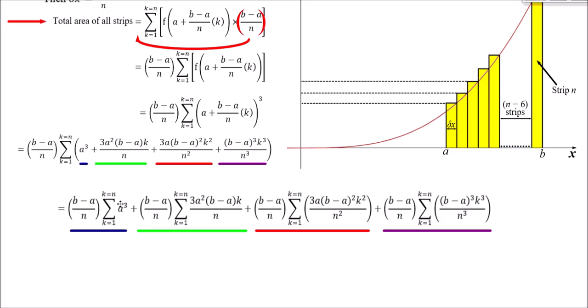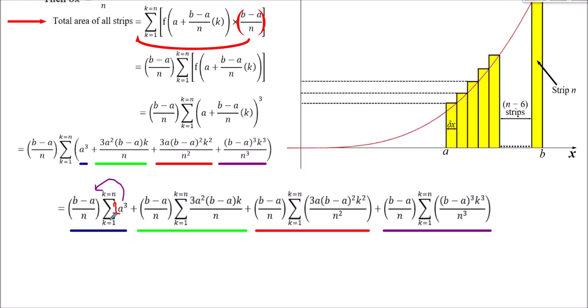Now going back to before, when I said that the constants could be taken to the outside of the sigma, a cubed is again just a constant, so I can imagine this being one lot of a cubed, but the actual a cubed itself I can imagine just being moved to the outside and multiplying the b minus a over n, and just leaving the sigma of 1 from k being 1 up to n, which we saw from before, will just give us n.